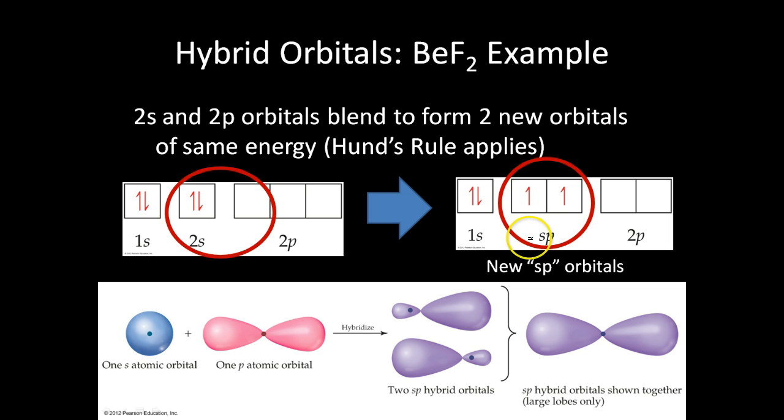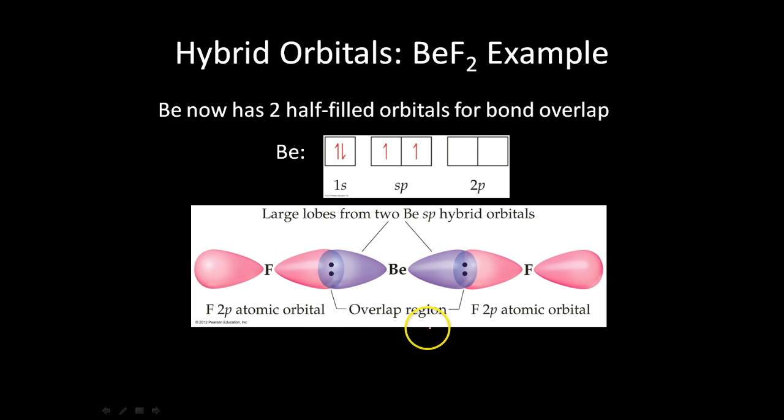So now that we have these half-filled sp orbitals, we're able to bond with other atoms. So we look at beryllium here. We have this 1s and these sp orbitals. They're able to bond with the half-filled p orbital from, say, fluorine, and that forms the BeF2 molecule.